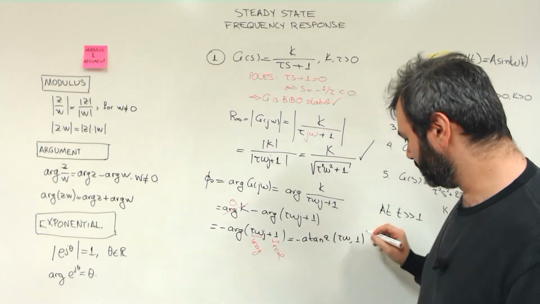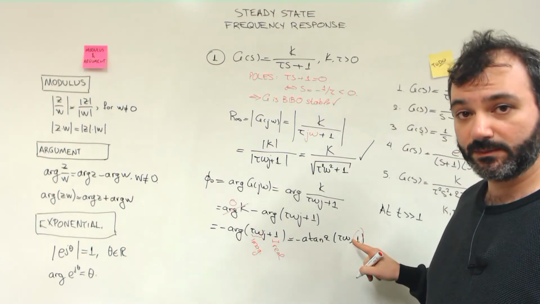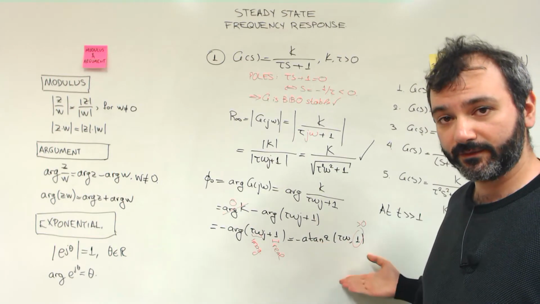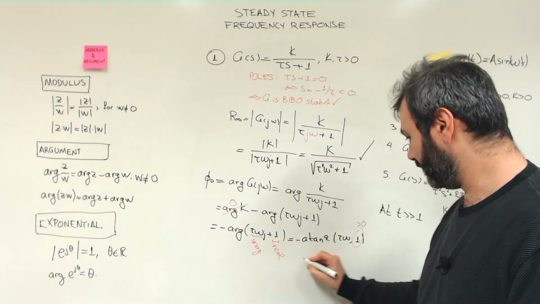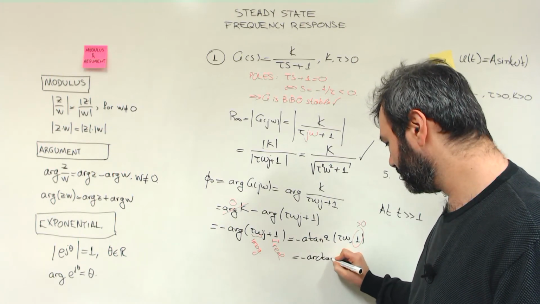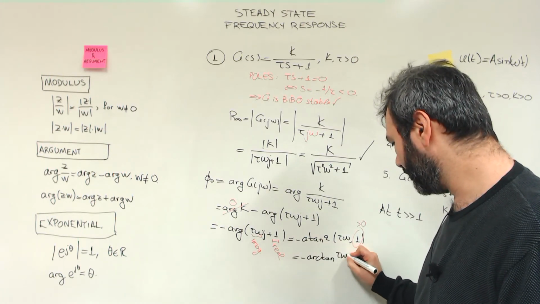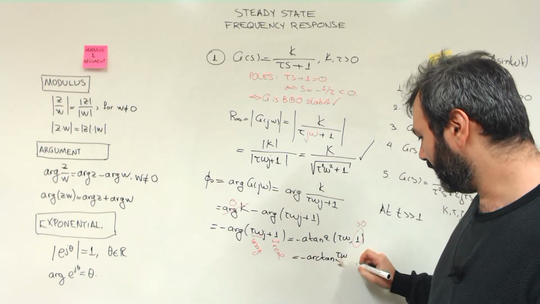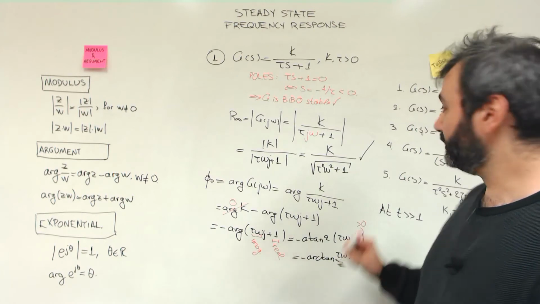Now look here. The second argument is positive. 1 is positive. Therefore, we can simplify that expression and we can write minus arctangent of tau omega over 1, or just minus arctangent of tau omega. And that's it, we solved the first exercise.